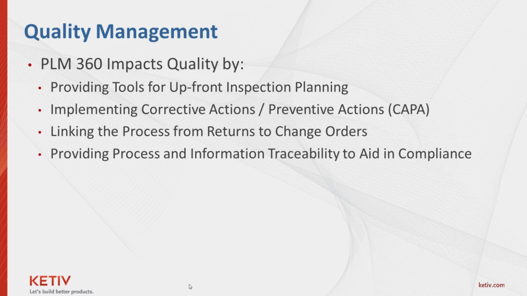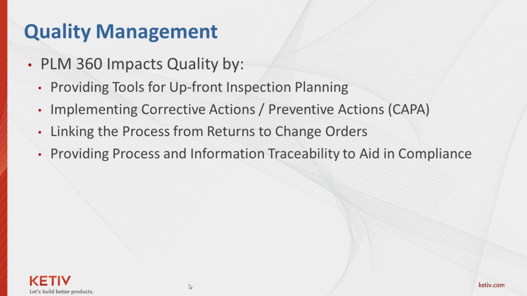In addition to that, we can very methodically implement corrective and preventive actions by using the application and capabilities that come out of the box with PLM 360. We can link the entire process from returns that a customer gives us all the way through to change orders.